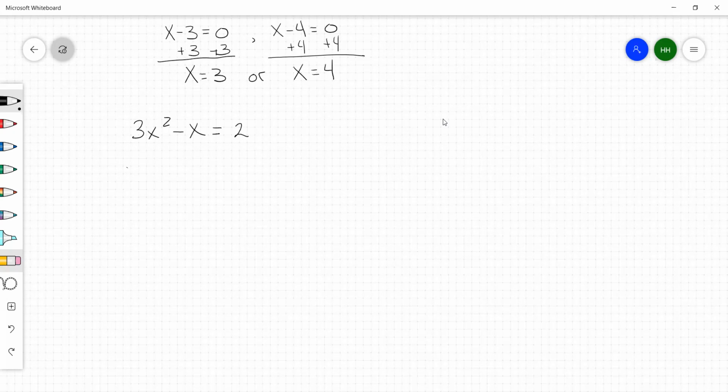Again, in this case, this quadratic is not set equal to 0, so we're going to manipulate it. We're going to subtract 2 from each side. So we get 3x squared minus x minus 2 equal to 0.